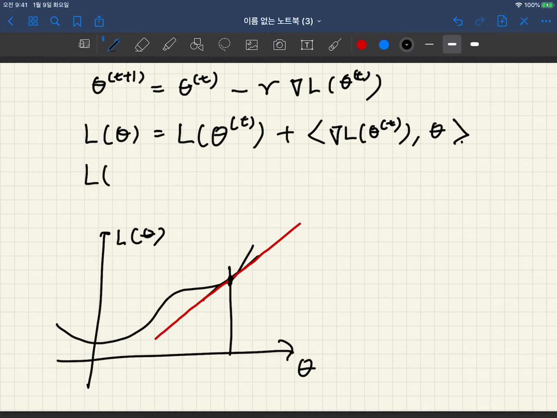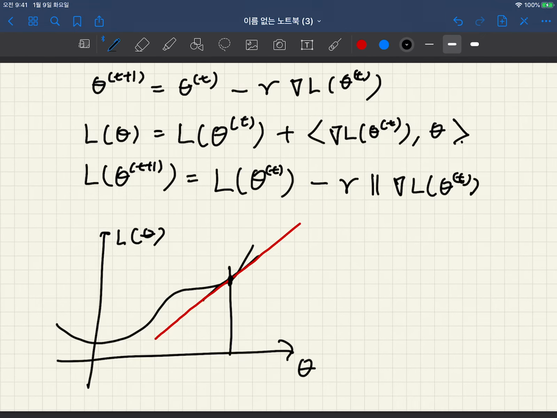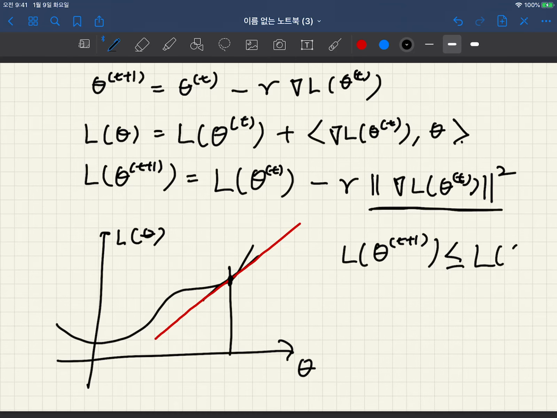So when you put theta t plus 1 here, you have L of theta t minus gamma times the squared norm of the gradient of L at theta t. Since this value is non-negative, we can say that L of theta t plus 1 is less than or equal to L of theta t.